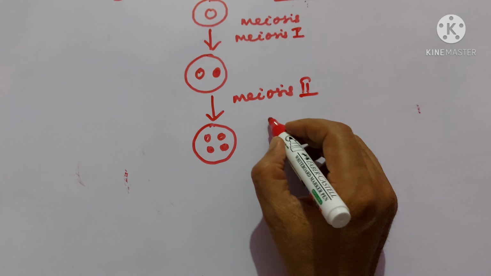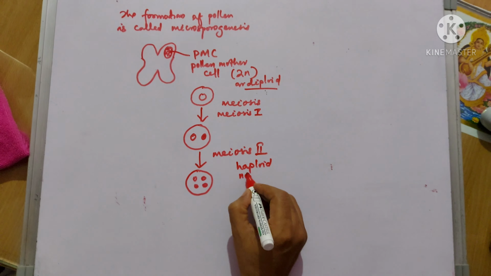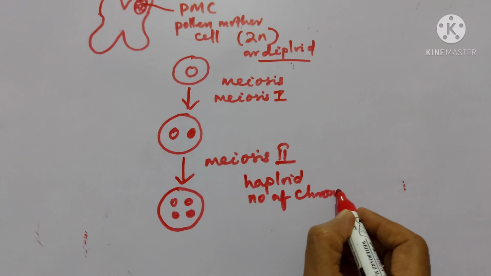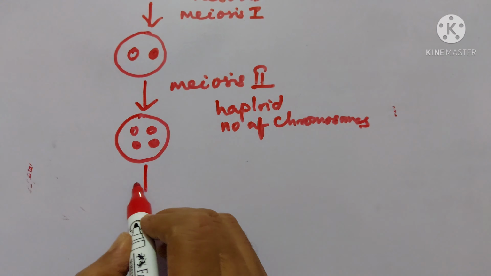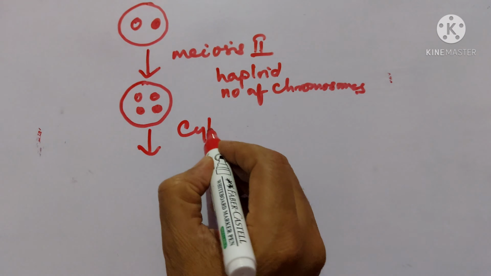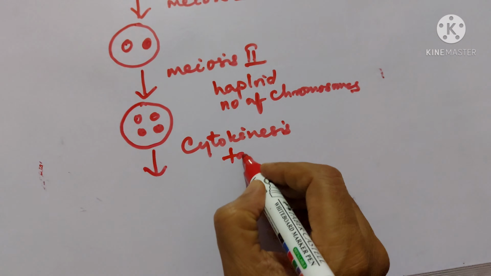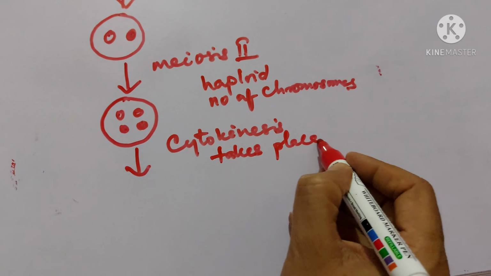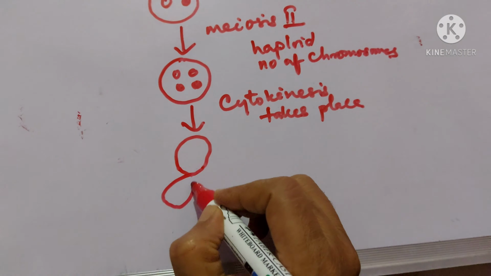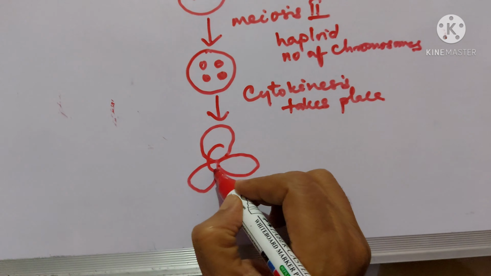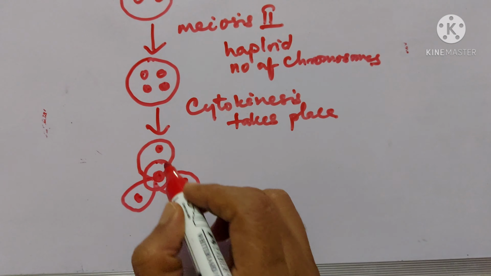So here the nucleus contains the haploid number of chromosomes, and after that the cytokinesis takes place, and they produce the pollen tetrad, having haploid pollen.